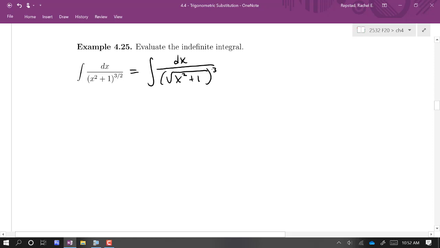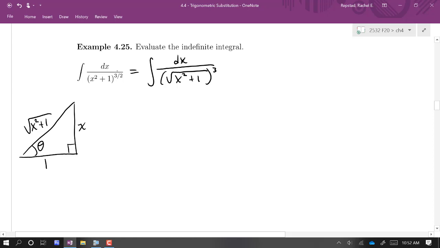So we have a sum inside the radical. That means that the radical has to be the hypotenuse. I'm going to label the opposite side x, and the bottom will be 1.